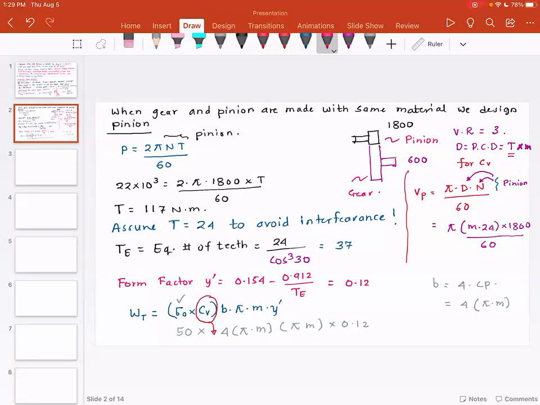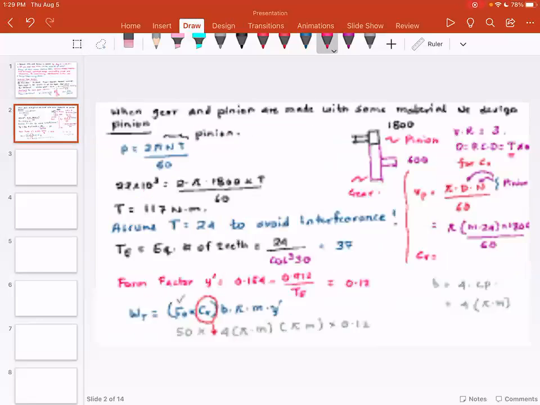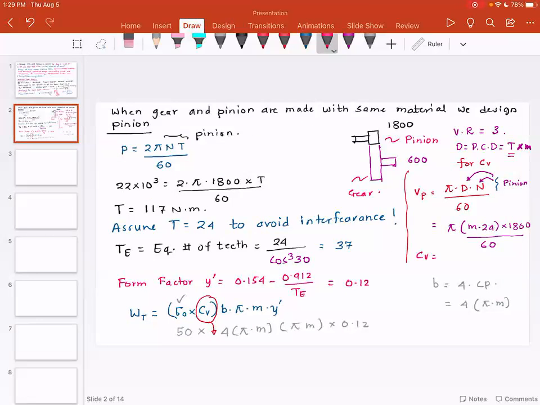So once I have this Vp, I can find out the value of CV, and the equation for CV is given to us: 350 divided by 350 plus V. So 350 divided by 350 plus Vp. And please understand, this Vp has to be in meters per second.